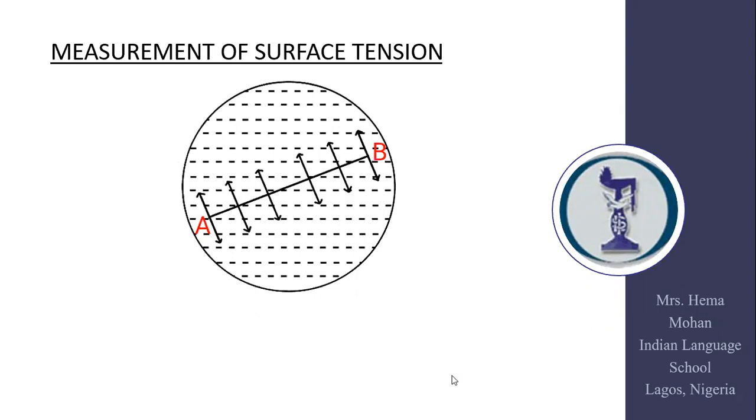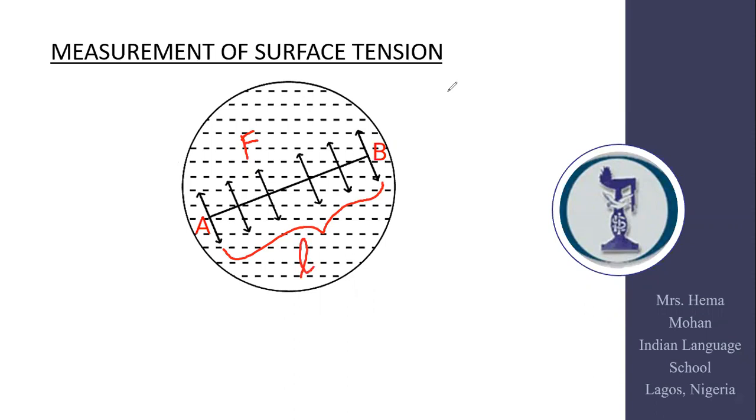So let us consider the force acting on one side to be F. That means the opposite side is also going to be F. Let me consider the length of this imaginary line element as L.